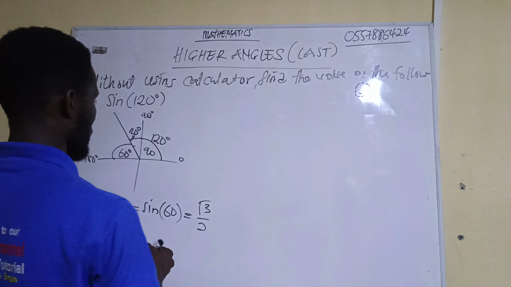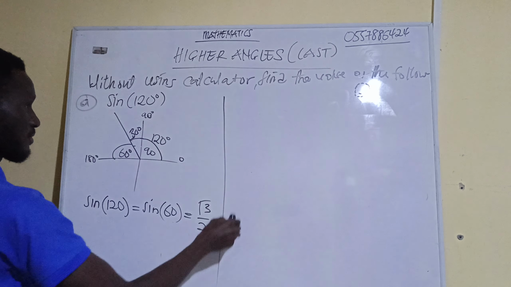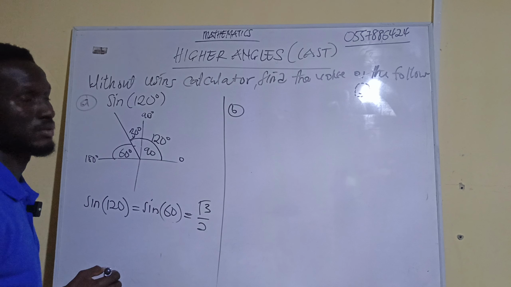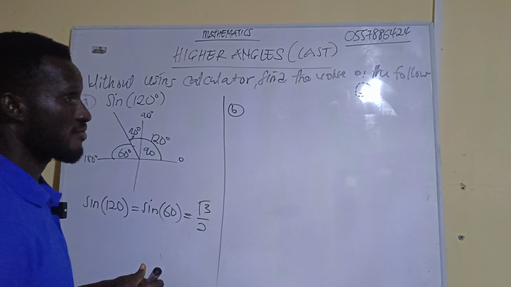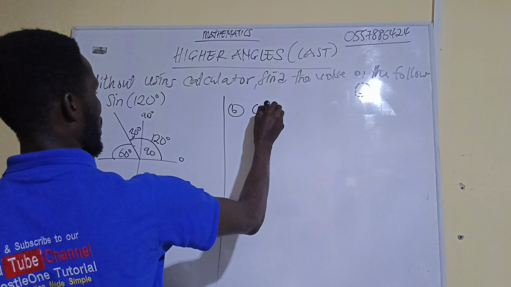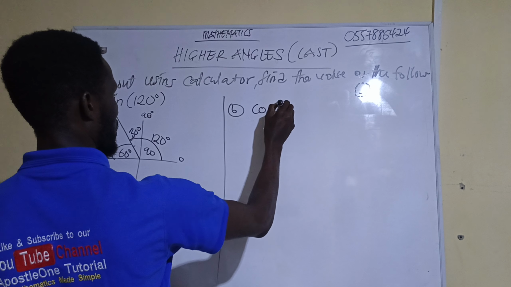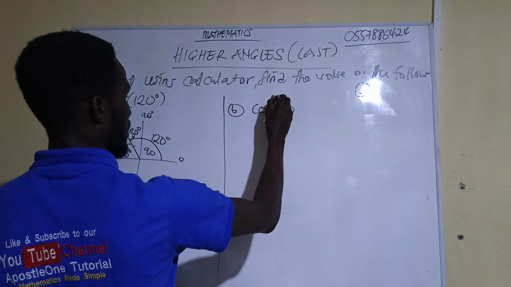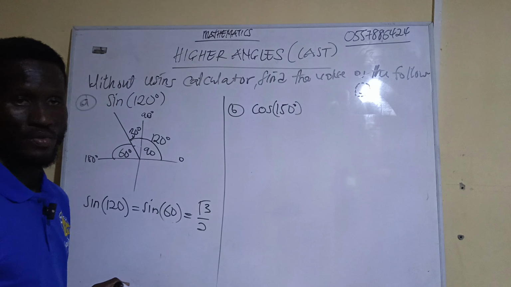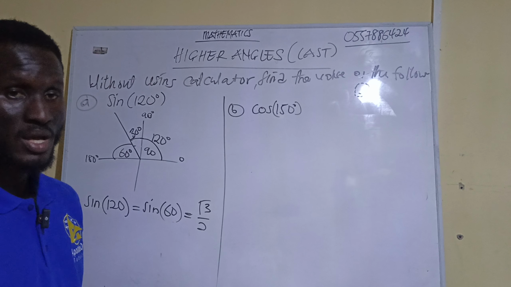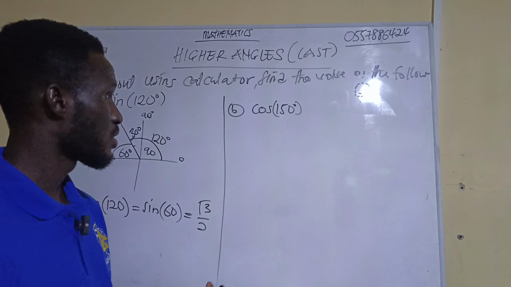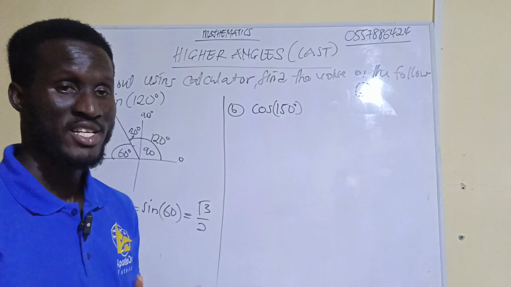Now let's solve for B. Now let's say we are looking for cos 150 degrees. Don't forget 150 degrees is also a higher angle, so we need to break it down and convert it to a special angle.